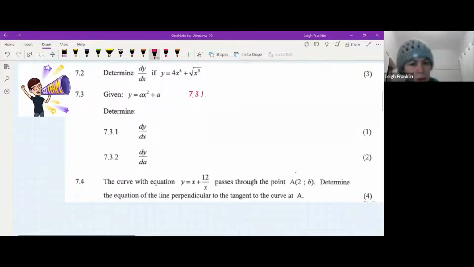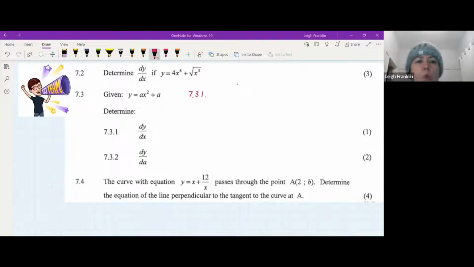Why minus 2x? Oh, hi, ma'am. Hi, Aisha. Is that for 7.4? Is that your answer? No, 7.3.1. Oh, okay. So your final answer for 7.3.1 was, no, sorry, the derivative is minus 2x plus 1.